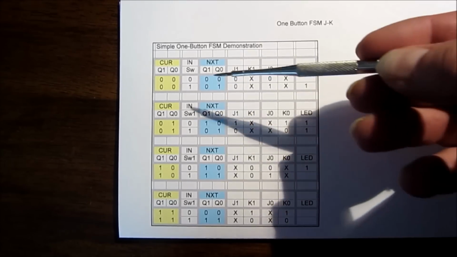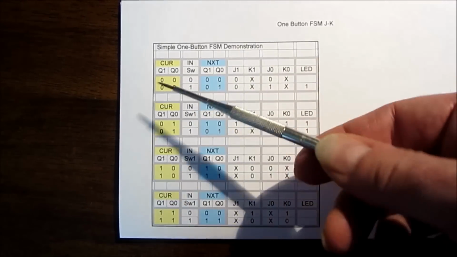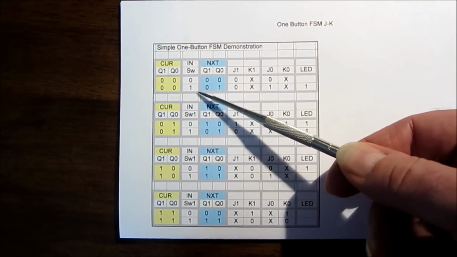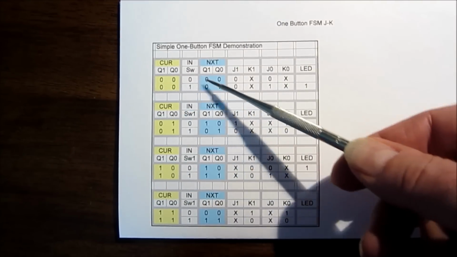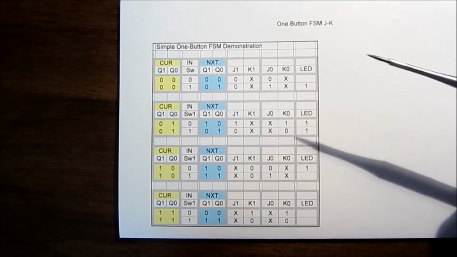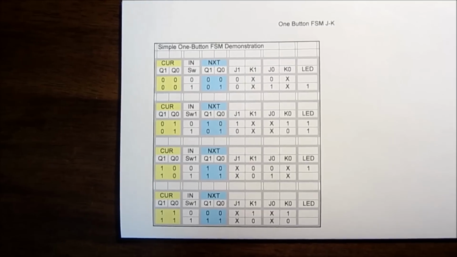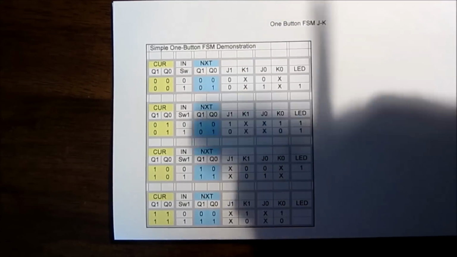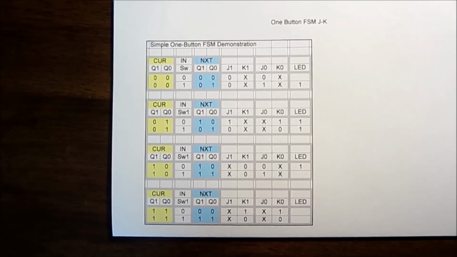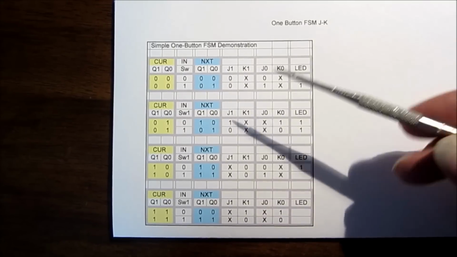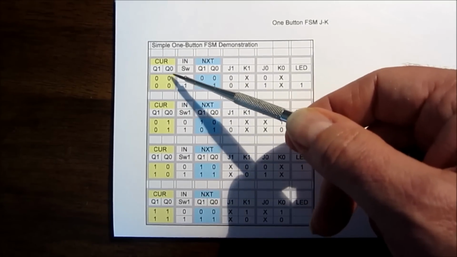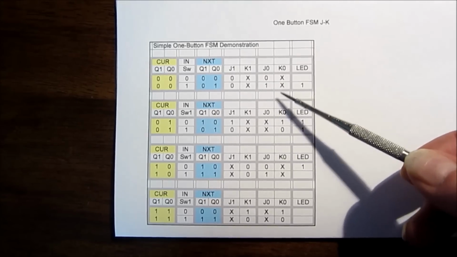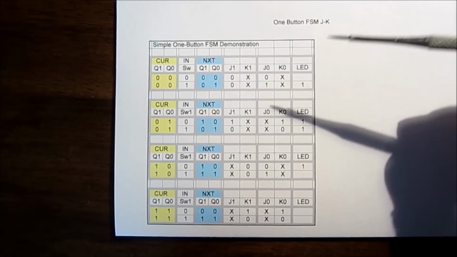So the way we do that is for every condition that we have defined here, for the switch being off and on and being in the various states, we look at Q1 and Q0. Q1 is going to be managed by this flip-flop here, JK1, and the state bit Q0 is going to be managed by this flip-flop here, which is JK0.